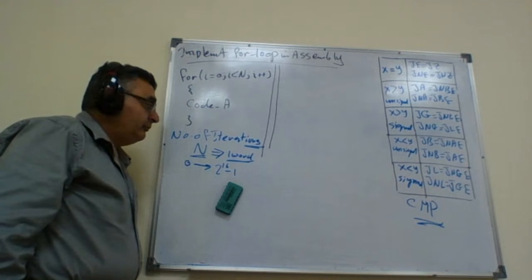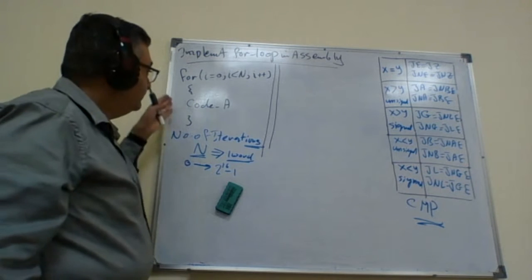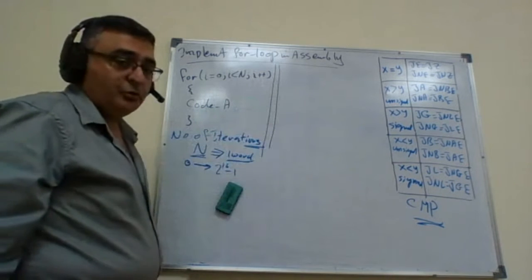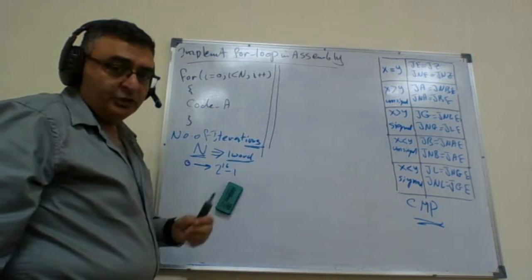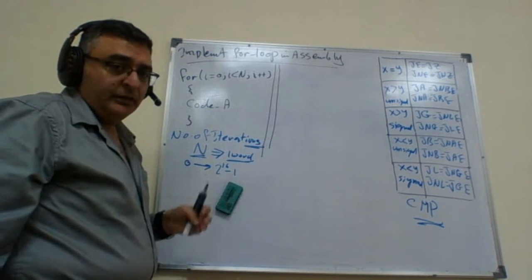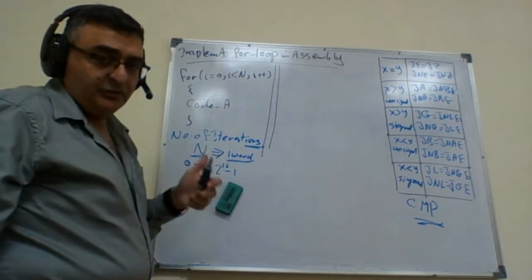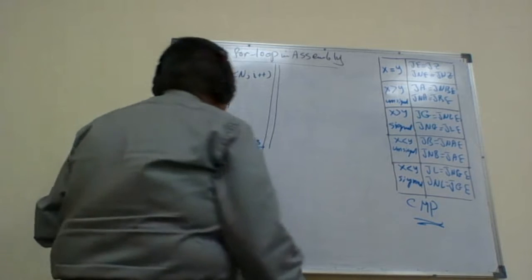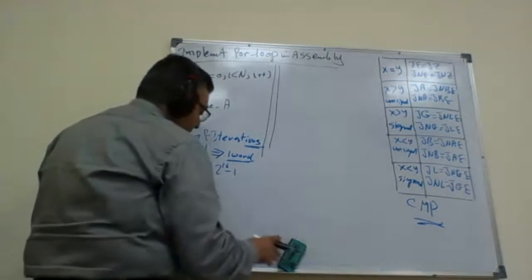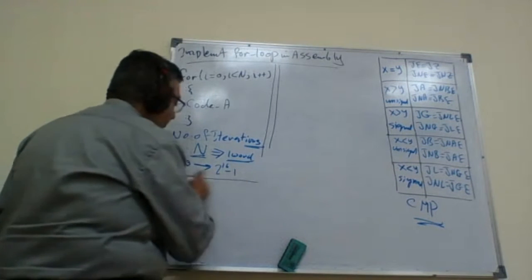First of all, I need an index in the assembly, so I have to pick some register to act as my index. Now let's put a design for our assembly code.